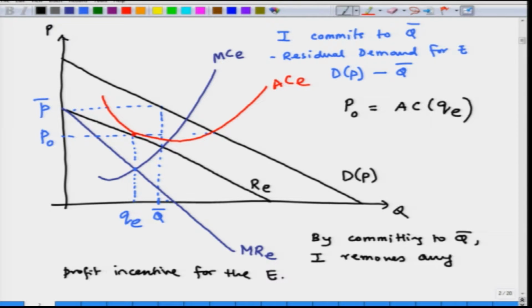Based on this residual demand, we calculate the marginal revenue curve for the entrant. The entrant chooses its profit maximizing output based on marginal revenue equals marginal cost. It turns out that the output QE leads to a price P0, which barely covers the average cost of the entrant. So, the entrant's profit is 0, and the entrant has no incentive to enter the market.